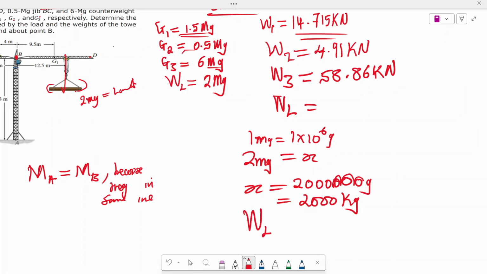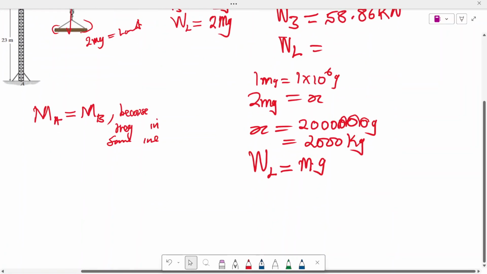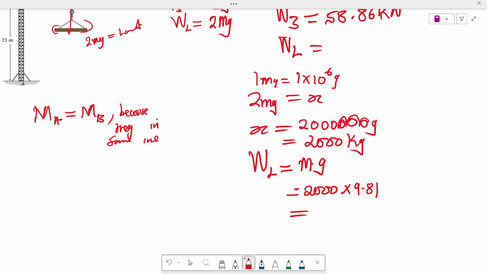Therefore, weight of the load is equal to mass times acceleration due to gravity. It is equal to 2000 times 9.81.